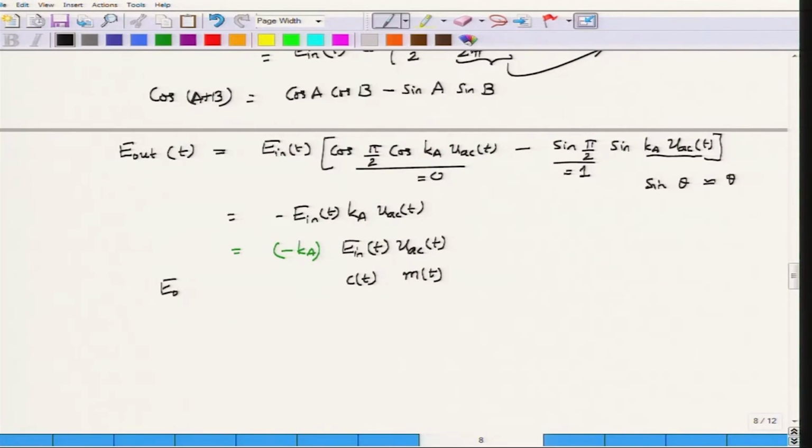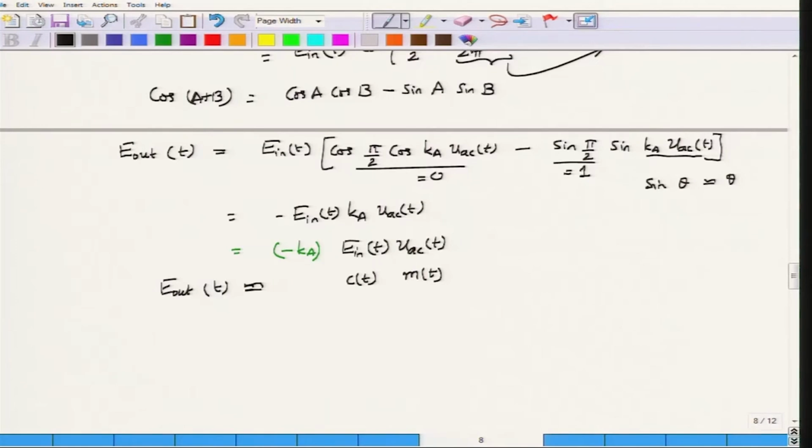So, as long as your Mach Zehnder modulator is biased at V pi and you apply an AC drive voltage which is very small compared to the DC voltage, you can approximate the relationship of E out and E in by a C of t into M of t type of relationship.